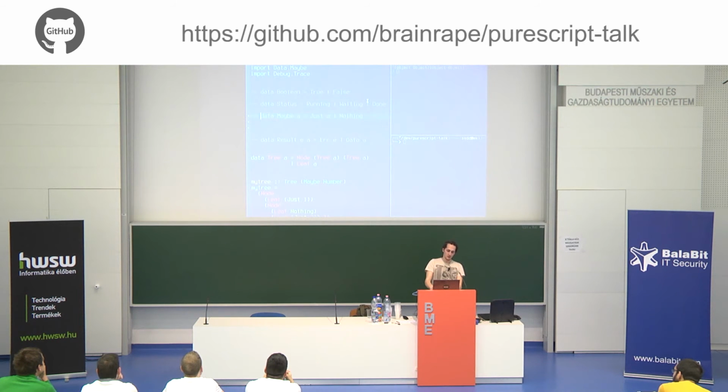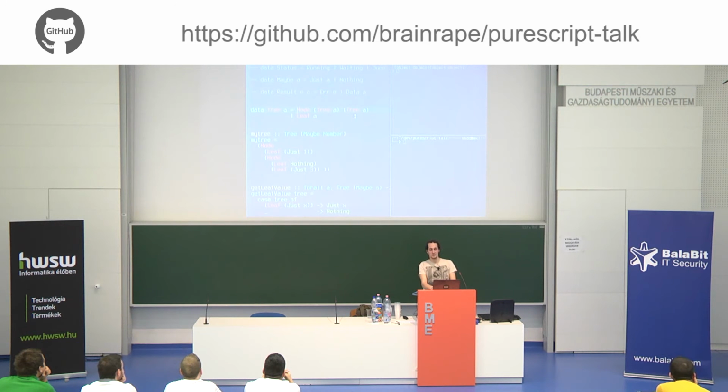Here's another example. This is how you would define a binary tree. By the way, if you have any questions, you can ask right now. And if I'll cover these later, then I'll just say later. And otherwise, I'll just show you some code that probably answers your question. So yeah, go ahead if you have any questions. So yeah, this is how you would define a binary tree.